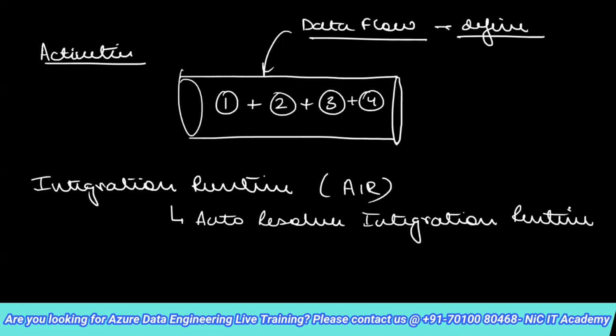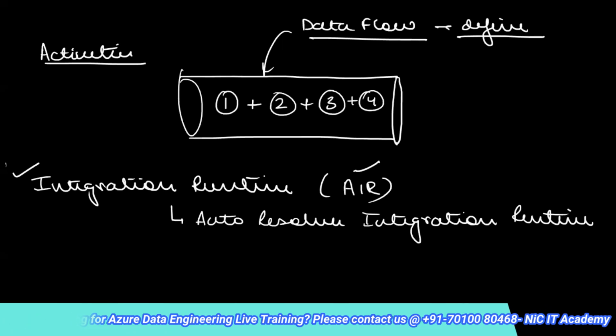All right. So there are three names to it. We generally call it integration runtime. Sometimes we also refer to it as the Azure Integration Runtime. But when you look at it within the Data Factory, you will always find the name Auto Resolve Integration Runtime. All three mean the same thing.